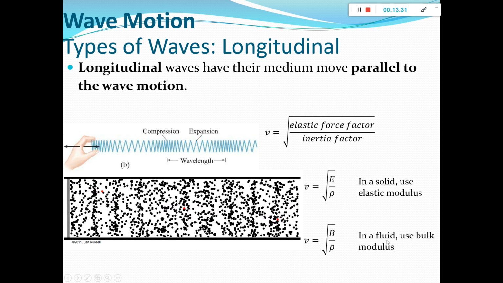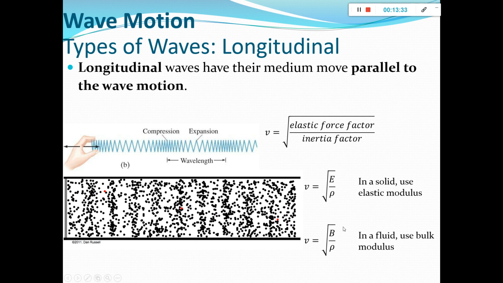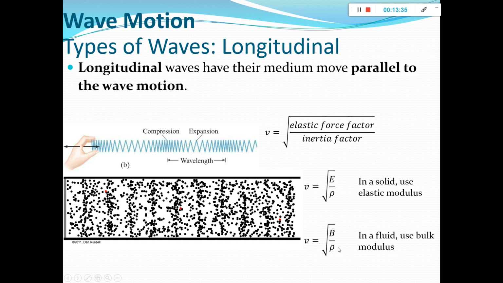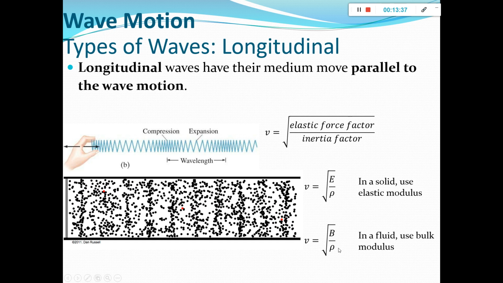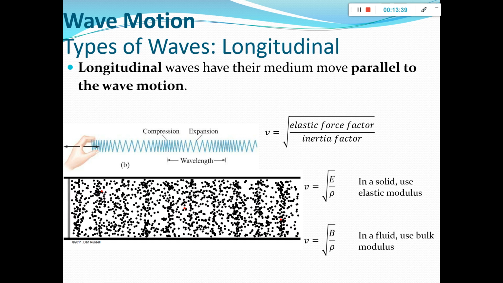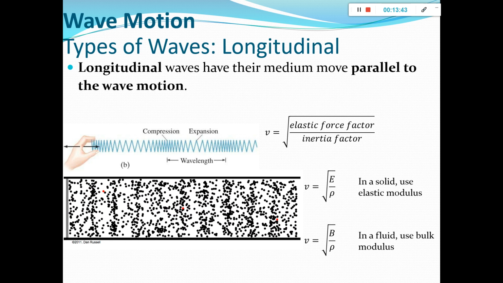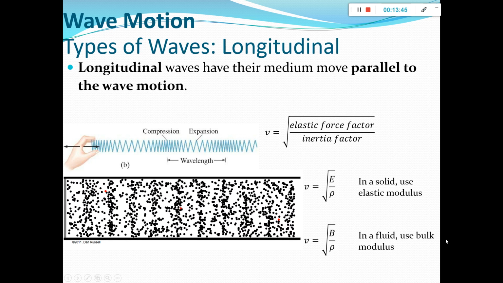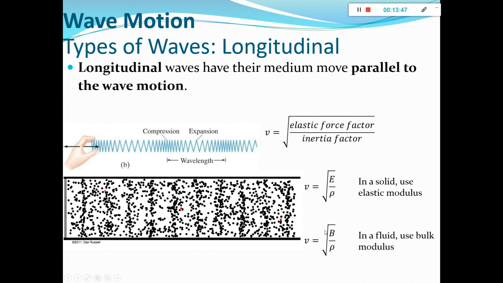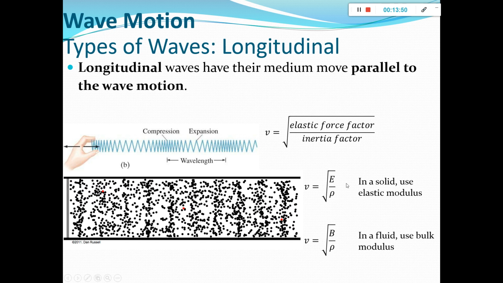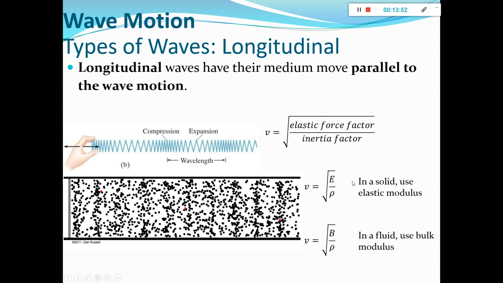Or if we're talking about a fluid, we replace that with the bulk modulus, still dividing it by the density. So depending on what medium it's traveling through, whether it's a solid or a fluid, we would use one of these two equations. But again, it looks very similar to the transverse wave, so that's kind of nice.